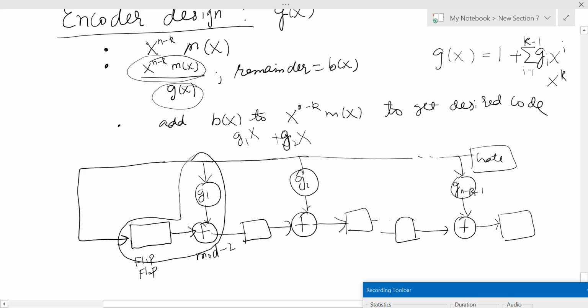Okay, if you go back to digital electronics and see how divisors are designed there, you will get it. If you don't get it, you can simply remember it also.